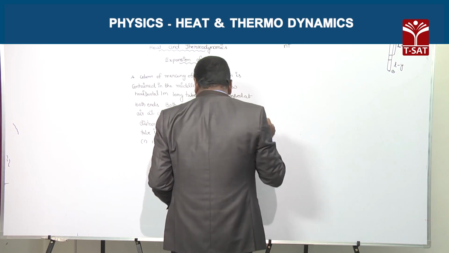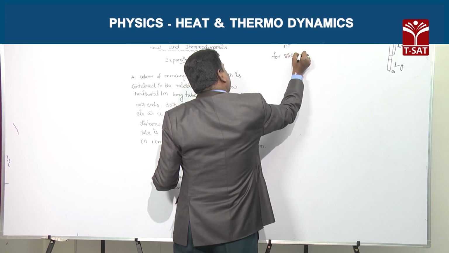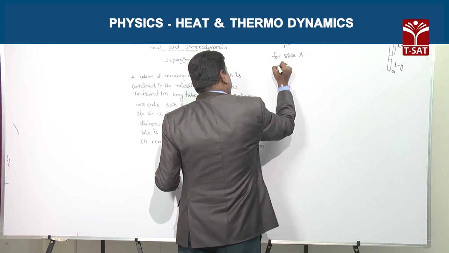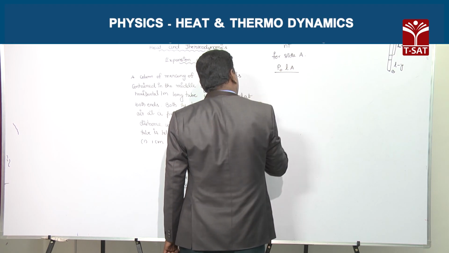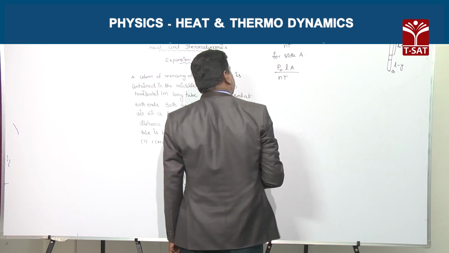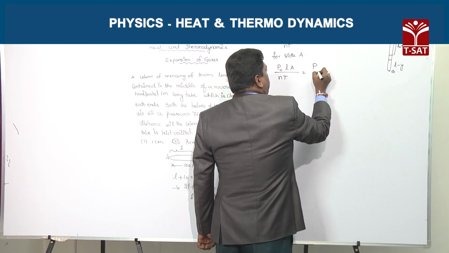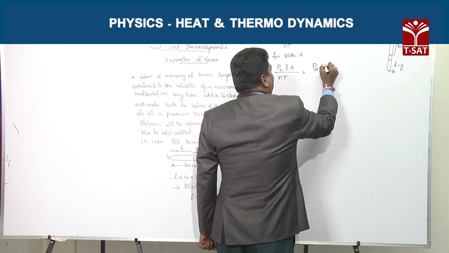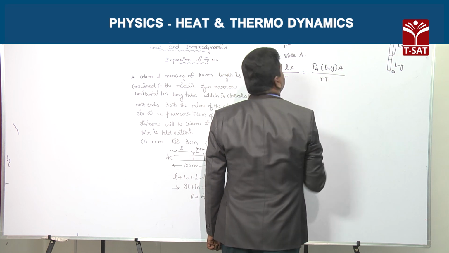According to this, for side A, P naught into L into A by nT equals PA into L plus Y into A by nT.